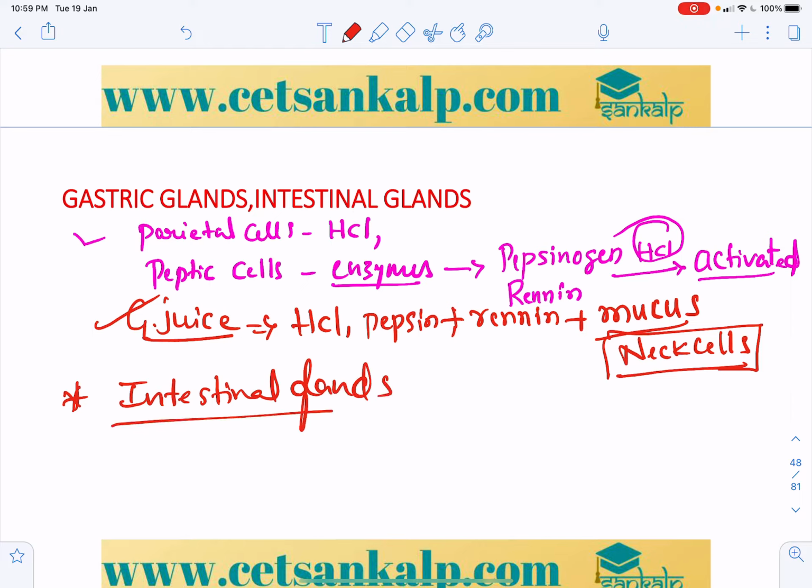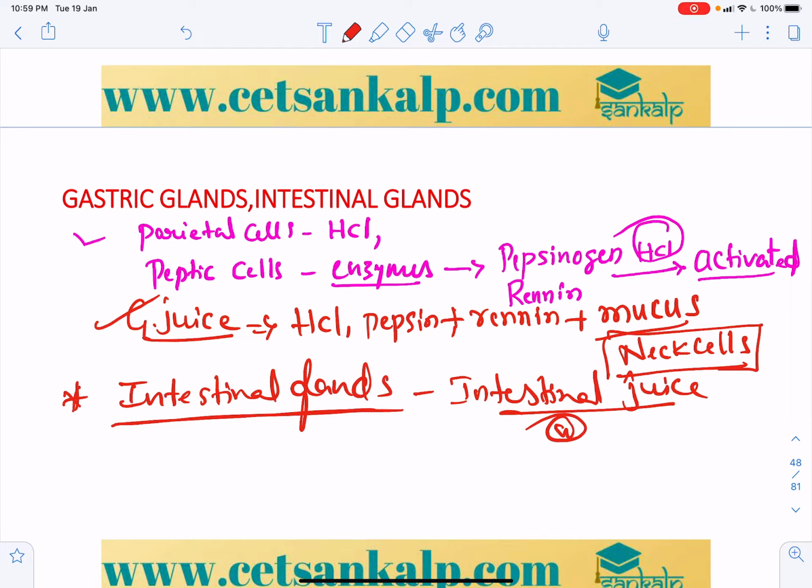These glands mainly play a role in the production of intestinal juice. Intestinal juice, which is also called, very important to note, succus entericus.